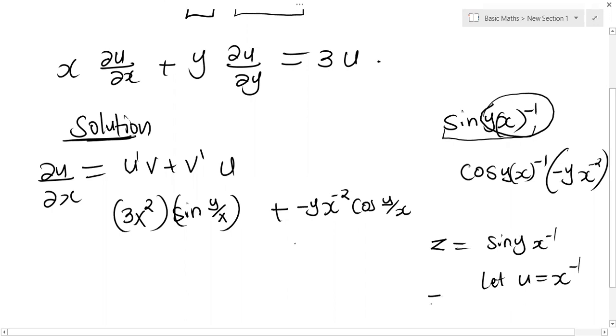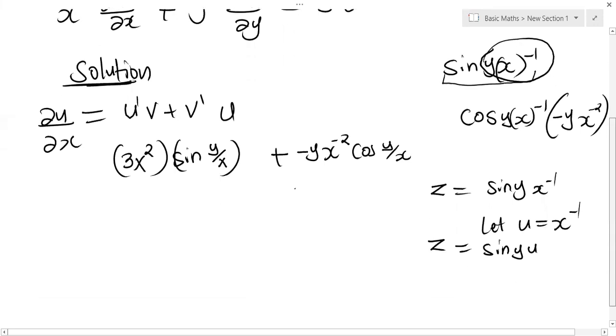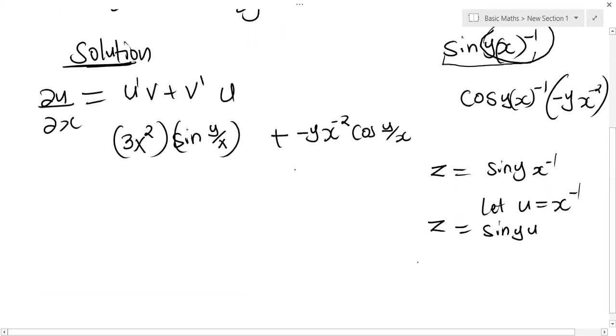So what do we have? Our z will be expressed as sine yu. And using chain rule, if we want to get dz dx, that will be given by dz du times del u del x.